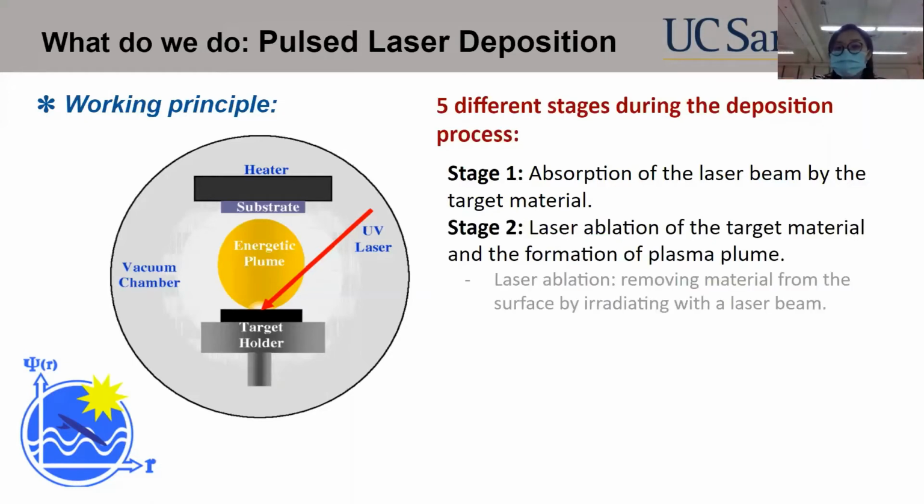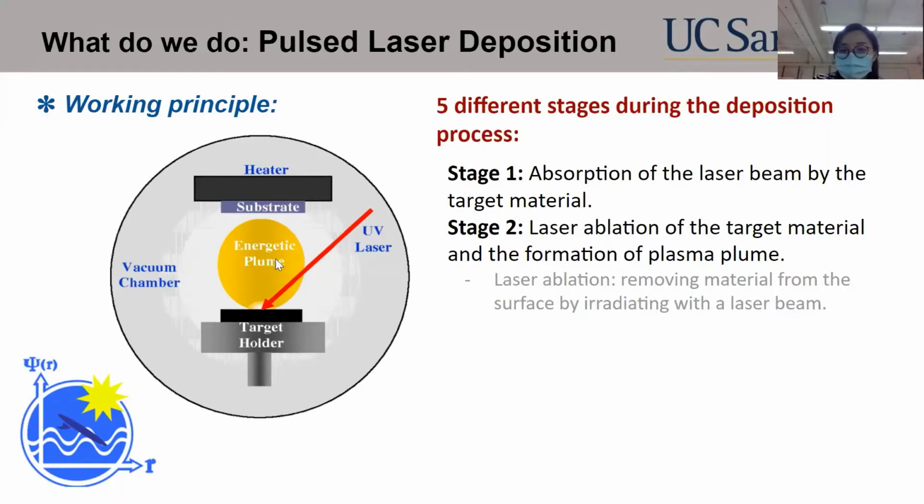And that's linked to the second state, which is laser ablation of the target material and the formation of the plasma plume, which is the yellow thing here. Laser ablation is removing material from the surface by irradiating it with a laser beam.